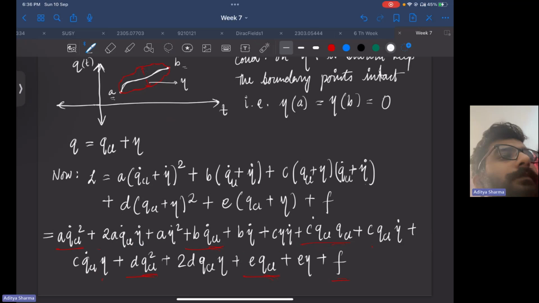Here too, we are going to add one beta square, and then we are done. Only three terms we will add.